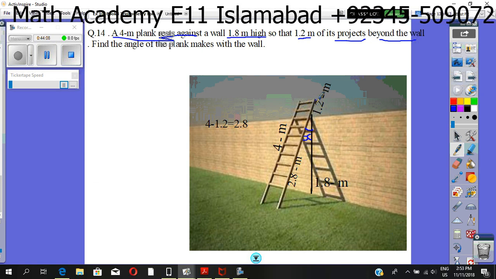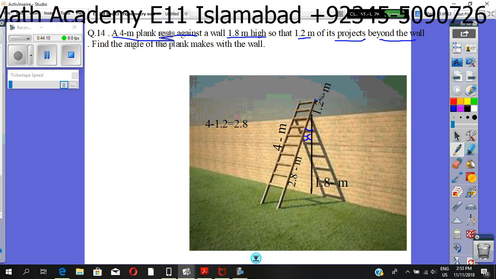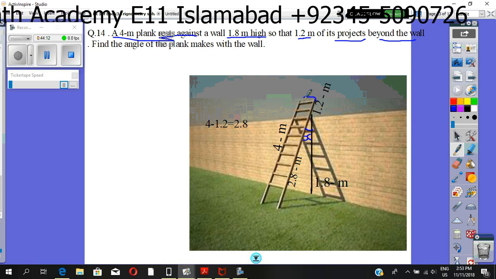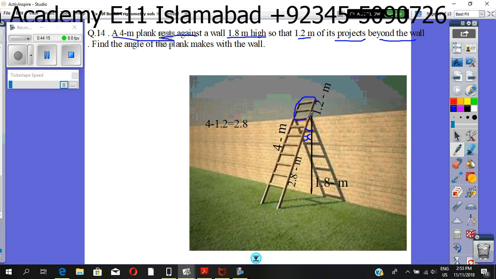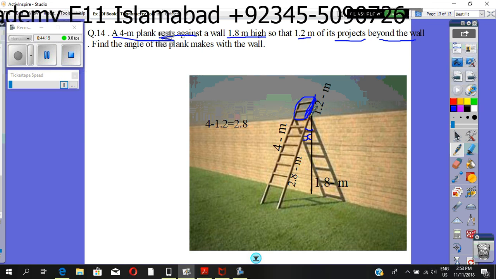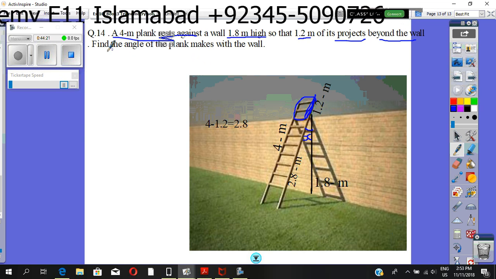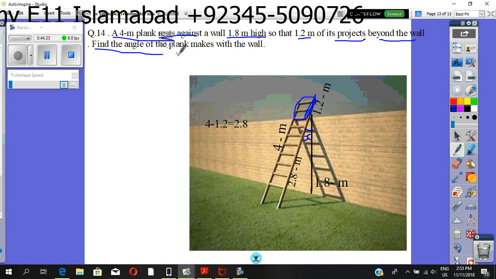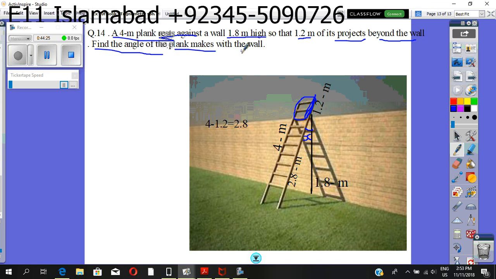I use the ladder here. This one is projected beyond the wall, this point. Find the angle the plank makes with the wall.